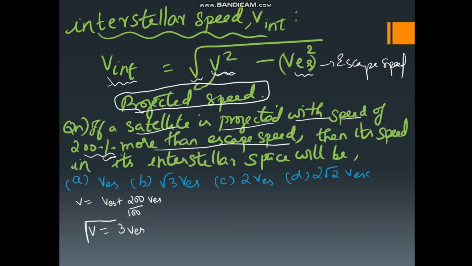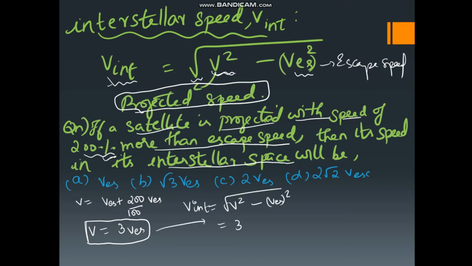So projected speed is 3 times escape velocity. Interstellar speed is the speed in the interstellar space. So V interstellar is equal to root of the square of projected speed minus escape speed the whole square. So v square we have found as 3 times the escape speed the whole square, minus V escape the whole square, which is 2 root 2 V escape. So the fourth option is the right answer.